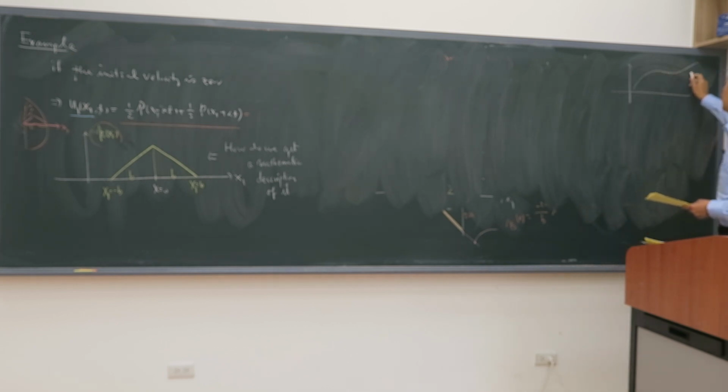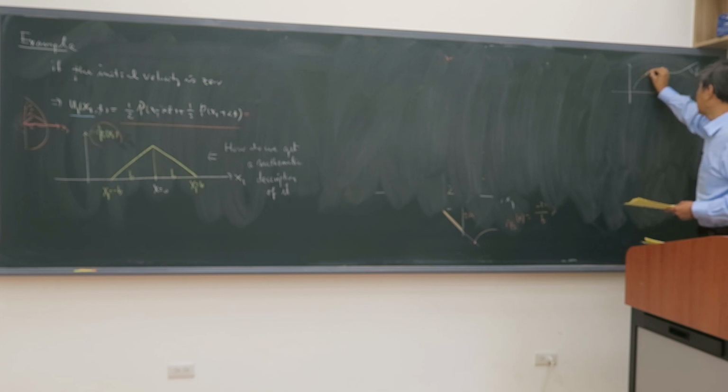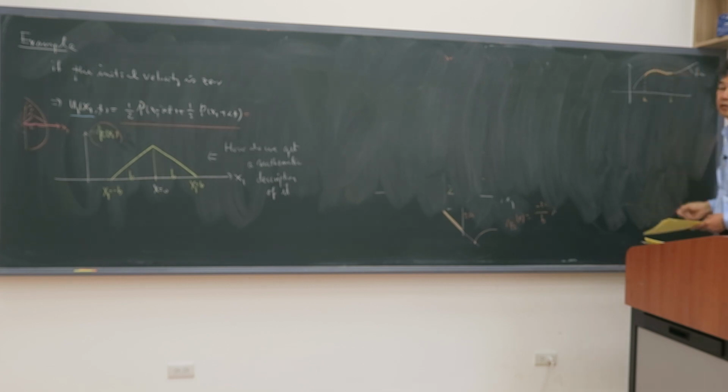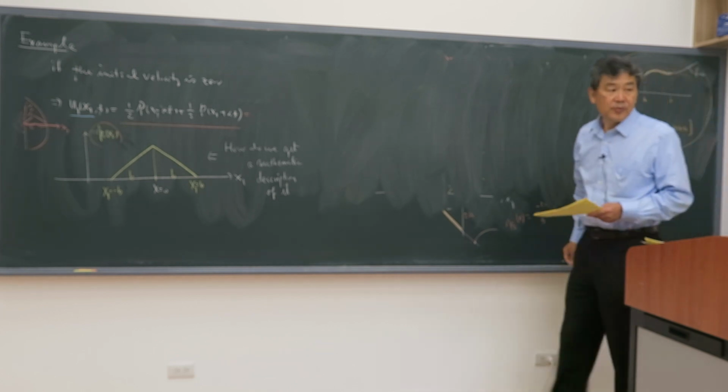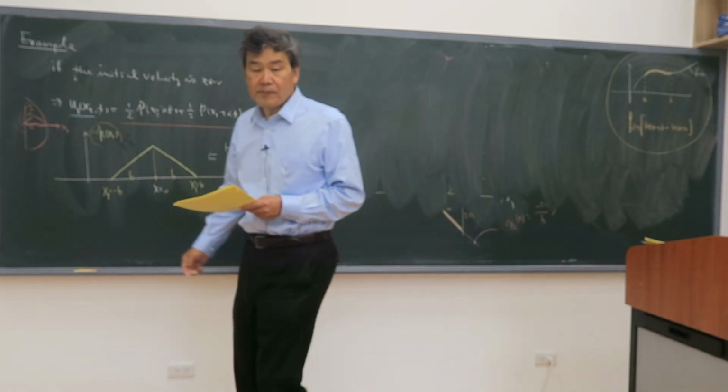For any continuous function f(x), if I'm interested in only the part of it between a and b, I only want to get this curve. This will be f(x) times Heaviside(x minus a) minus Heaviside(x minus b). This is what I want to know.